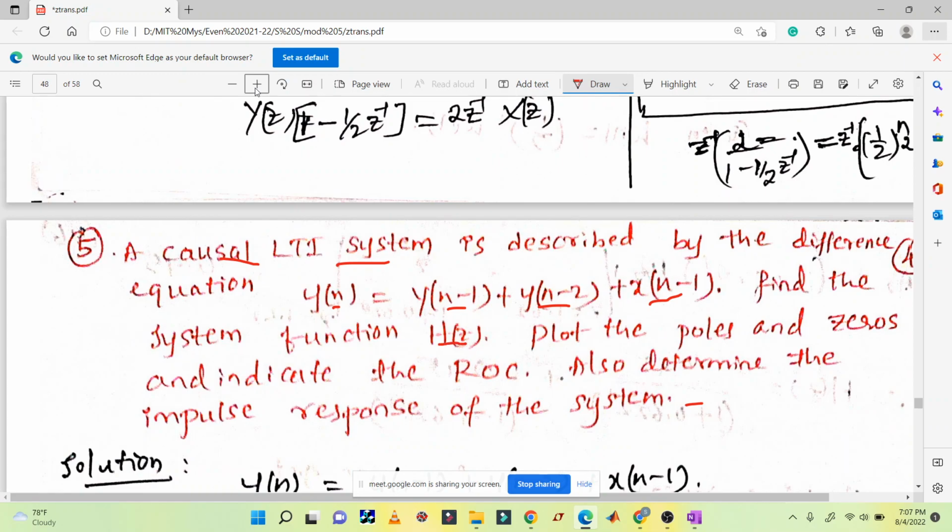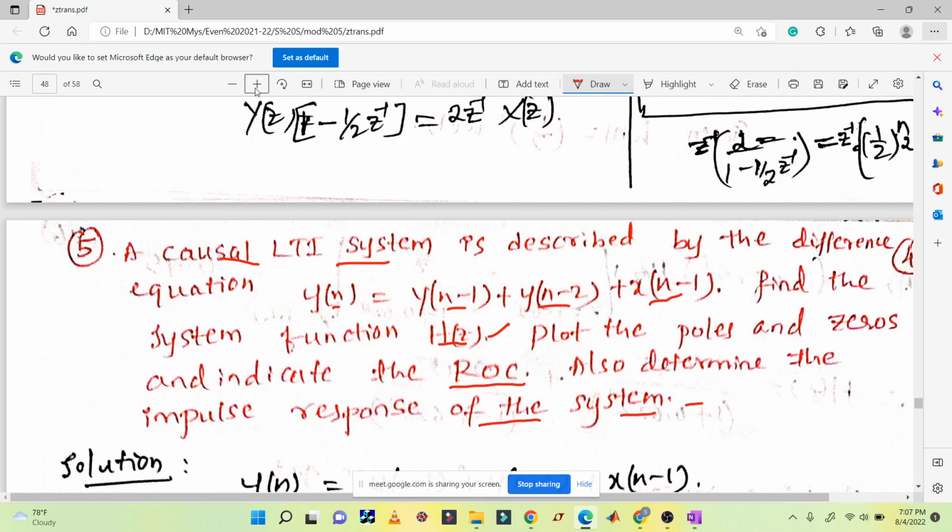So h of z is the ratio of y of z by x of z. So we need to find that. Then plot the poles and zeros and indicate the region of convergence, and also determine the impulse response of the system.